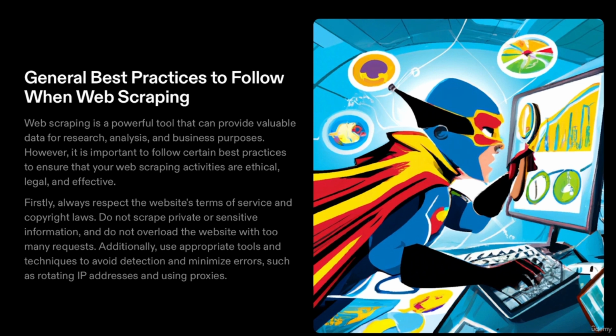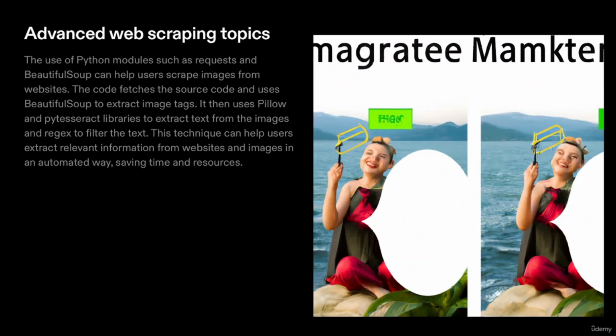Now as the last section, we'll cover advanced web scraping techniques, and this particular section will cover a program that is built using the Beautiful Soup package, and the code fetches the source code and uses Beautiful Soup to extract image tags, then uses Pillow and PyTesseract libraries to extract text from the images and regex to filter the text.